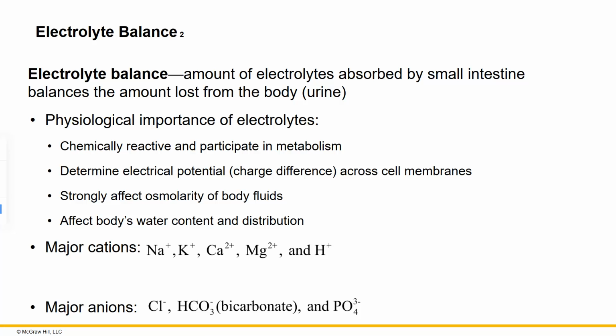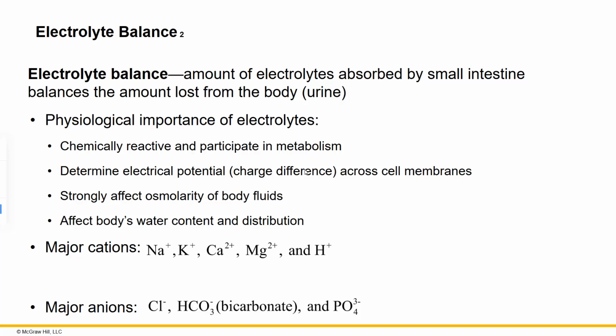So moving on to electrolyte balances. Electrolytes are ions that have a charge. You can see you've got sodium, Na plus, K plus, Ca2 plus, so that's potassium, calcium, magnesium, hydrogen, and then you have anions which have a negative charge, so that's chloride, bicarbonate, and phosphate.